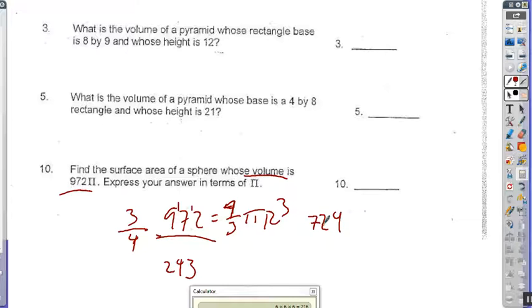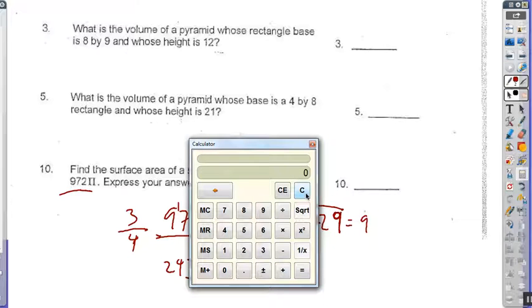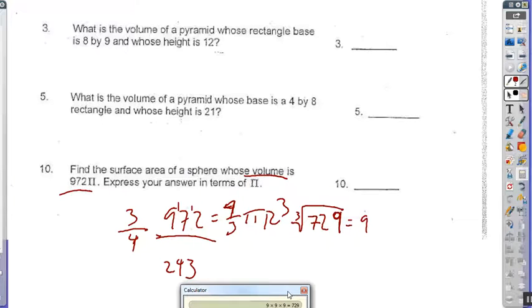So we get 729, and lo and behold, 729 is a cubic number. I'm pretty sure that that is equal to 9. Now I'll prove it here. I'll go 9 times 9 times 9. Lo and behold, that's what we get. So we know that 9 is my radius.